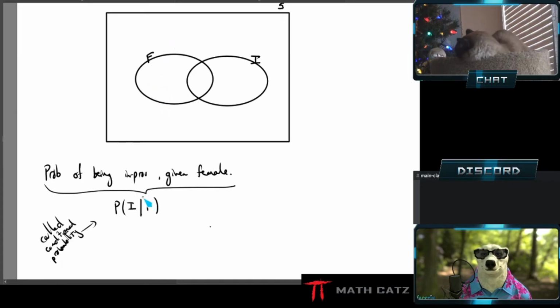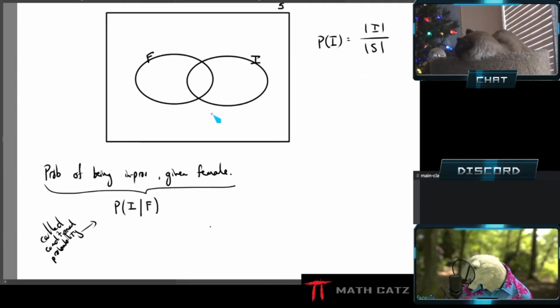If I didn't have that, and I just asked, what is the probability that the student was in province? I would simply look at how many are in that circle, the I circle, and compare it to everything.